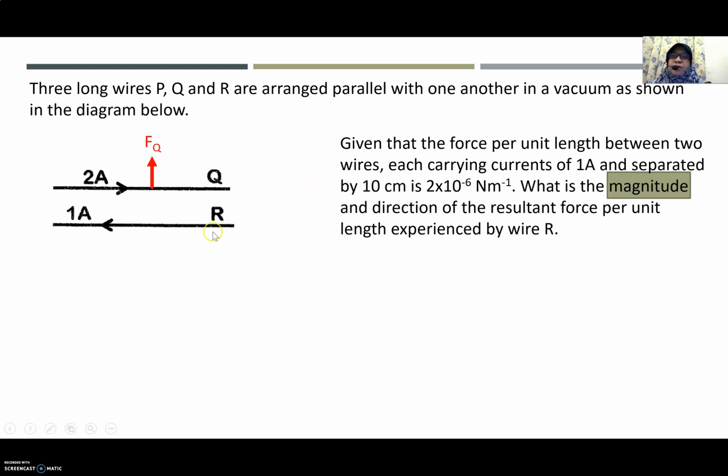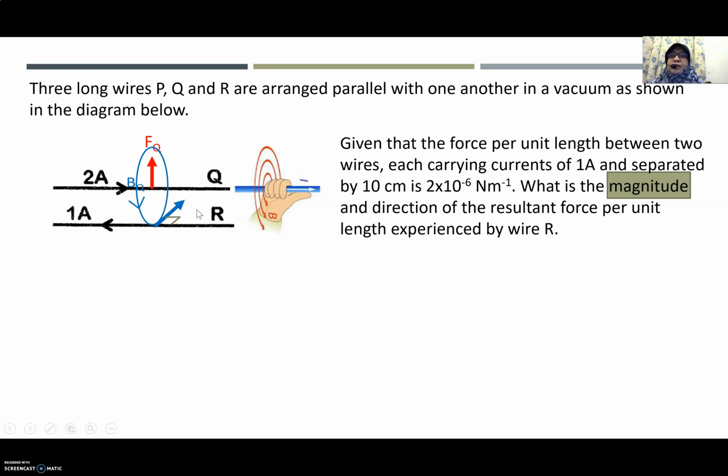Next, we find the force on wire R. Wire R will experience magnetic field by wire Q. So we use grip rule to determine the direction of magnetic field by wire Q. Direction of current is this way. Therefore, the direction of magnetic field by the blue line here must touch the wire R, so that the tangent at this point is drawn into the screen.